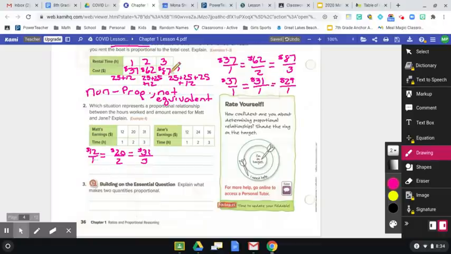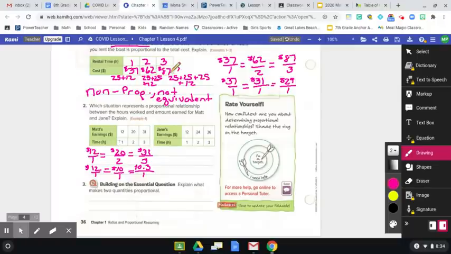So 12 over 1 simplified is 12 over 1. 20 over 2 simplified is the same as 10 over 1. And then 31 over 3, let me double check that on my calculator. If we divide that out, we're looking at 10.3, and it repeats as a decimal, over 1.